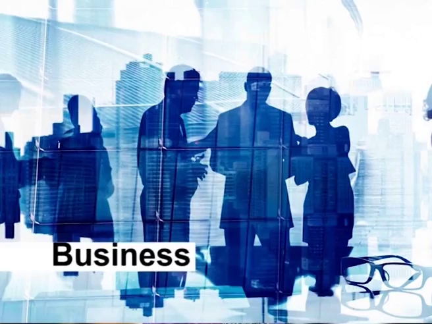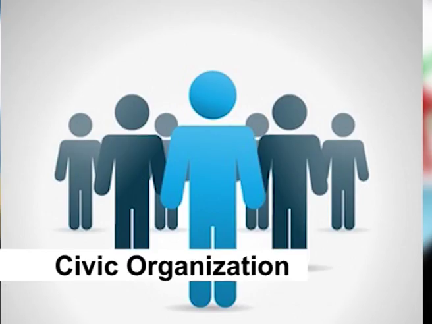Other secondary groups include religious, business, governmental and civic organizations. In some of these groups, members get to know each other better than in other secondary groups, but their emotional ties and intensity of interaction generally remain much weaker than in primary groups.